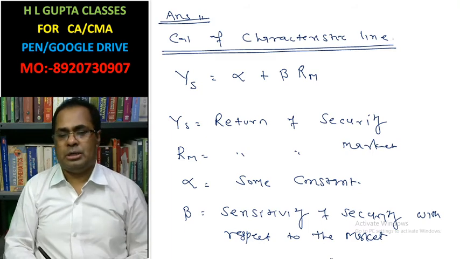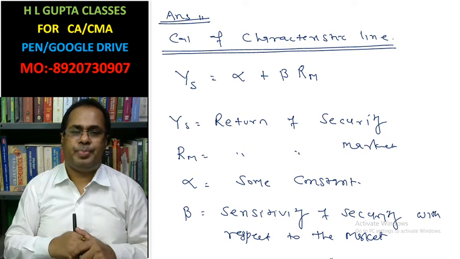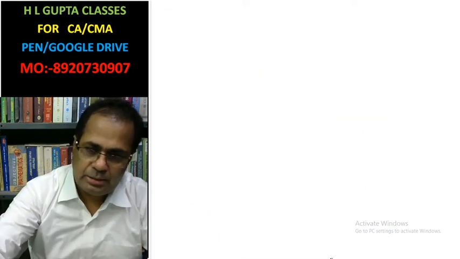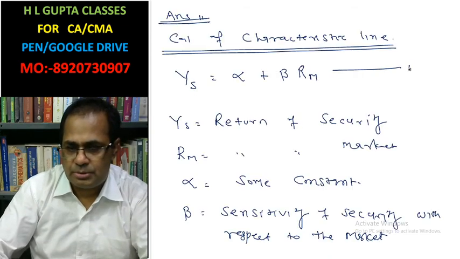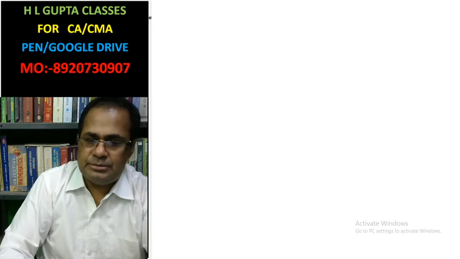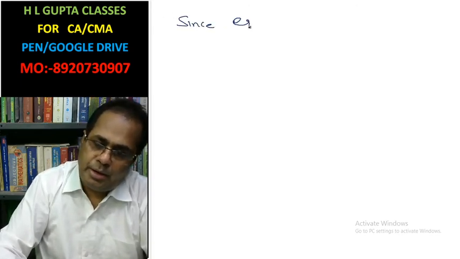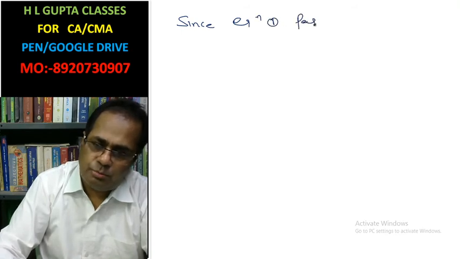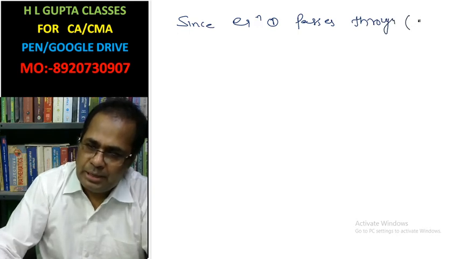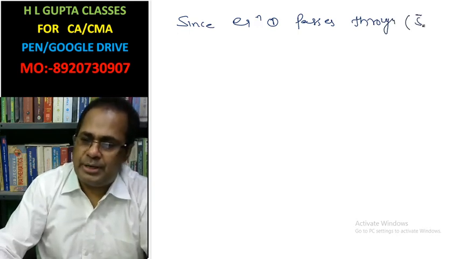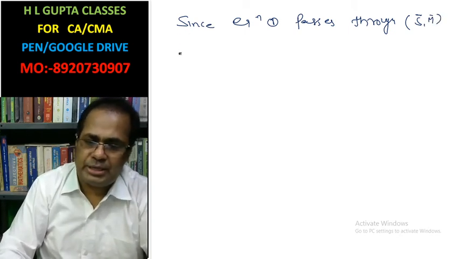Look at it. This is equation first. Since the characteristic line passes through the average, equation first passes through the average return of security and the average return of market.